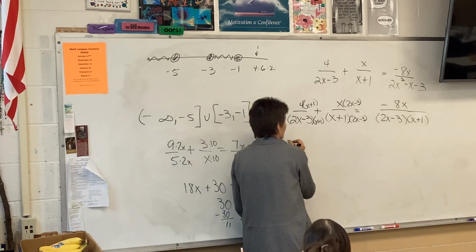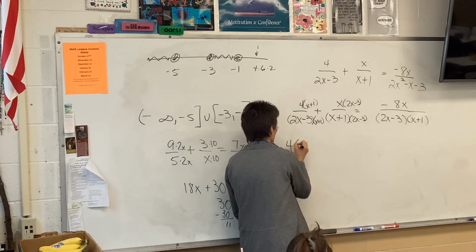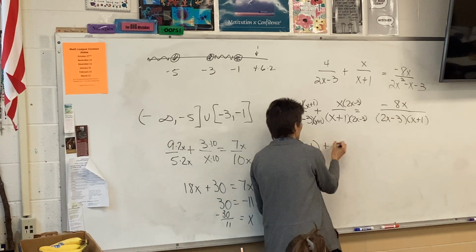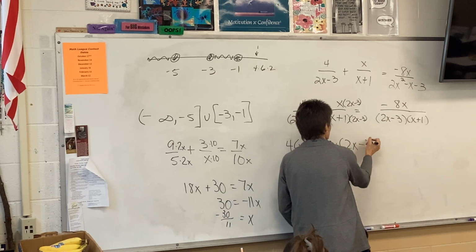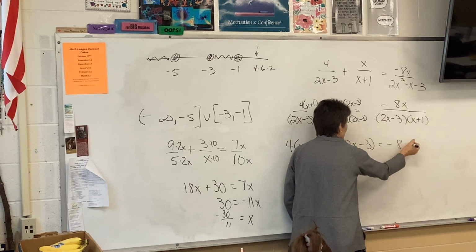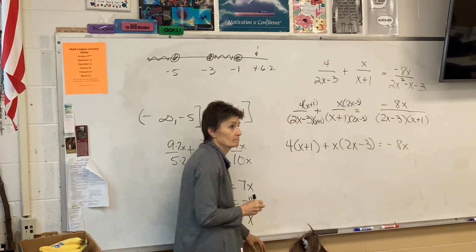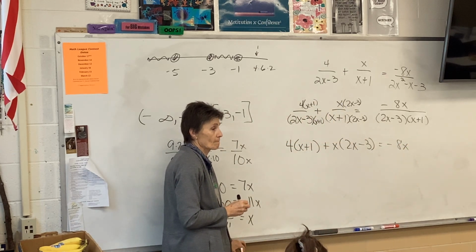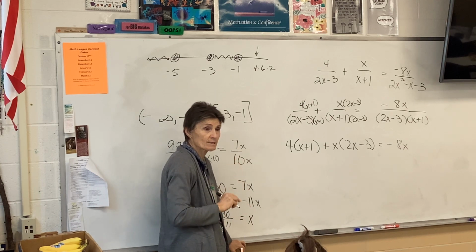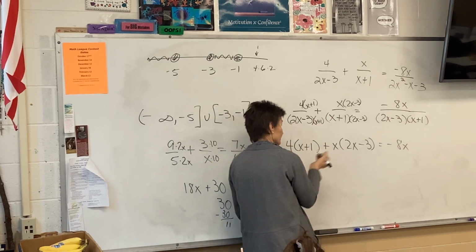All right, so here we go. Lose the denominator, so we have 4x plus 1 times 2x minus 3, plus x squared, equals negative 8x. Those are just my numerators. So now I'll start cleaning it up.